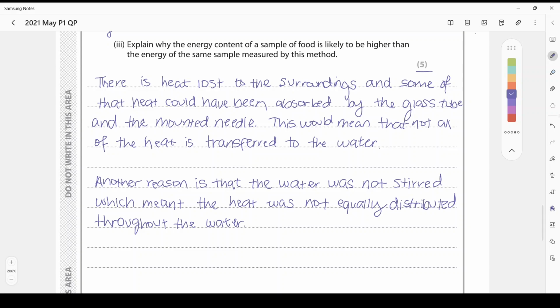So that's actually 5 marks. Another mark you can also say is perhaps not all of the food was burned to release that energy. Let's go over the marks.